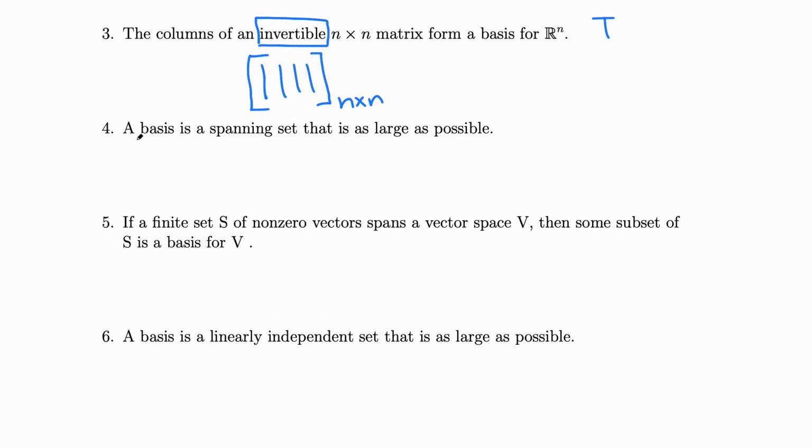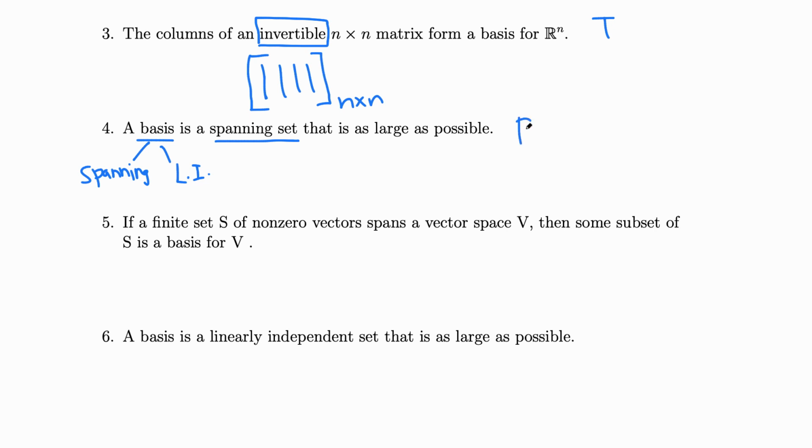A basis is spanning set that is as large as possible. Now basis means spanning set and linearly independent, two things. To be a basis we have to have two things. The sets should span the vector space and they should be linearly independent. So as large as possible means when we add more elements it will be still spanning set, but it will be linearly dependent.